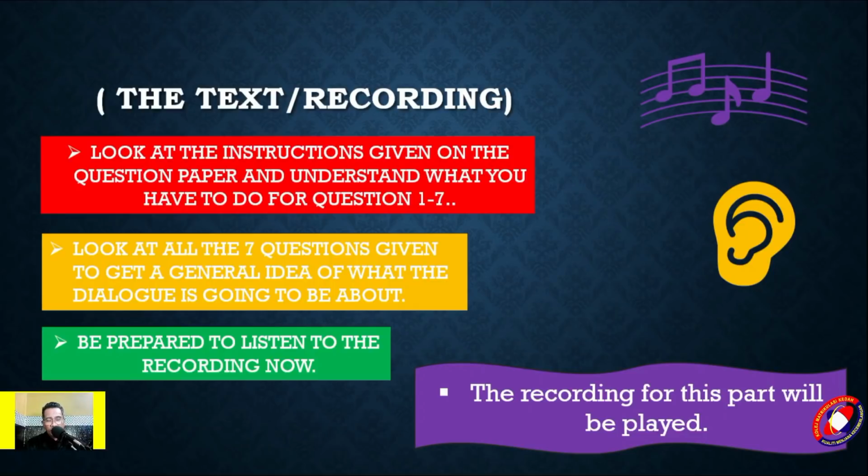You have gone through question 1 until question 7. You have even highlighted, or circled or underlined those keywords or key phrases that could help you to link whatever conversation they are going through, to link the question that has been asked to the part where it should give you the right answer. And then the recording for this part will be played.